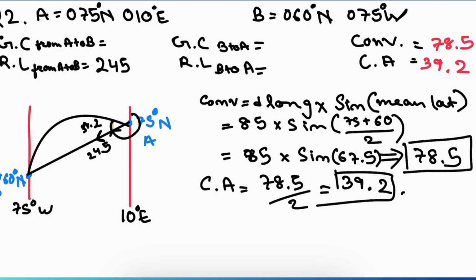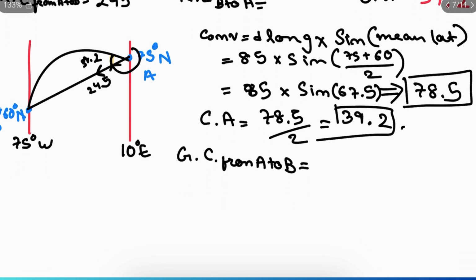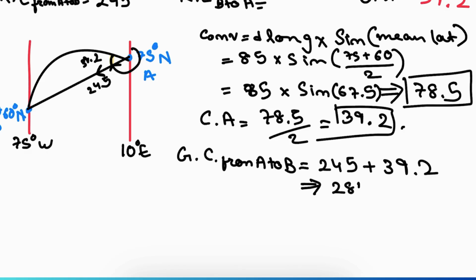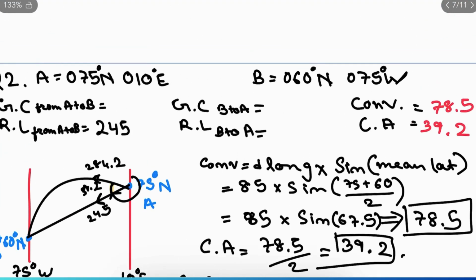So let's find the great circle from A to B. The great circle from A to B is going to be 245 plus 39.2, so that is 284.2. So this angle is 284.2. Let's write it here.